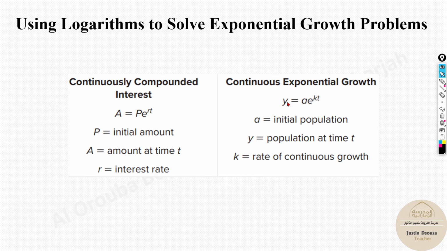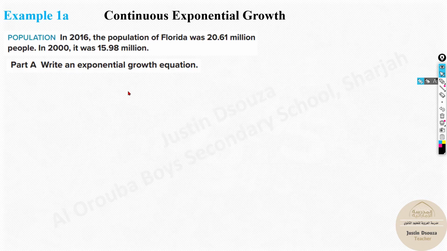Now similarly here, Y, if you're dealing with population growth, would be the population after certain time. It can be after 10 years, 20 years, whatever they ask you to solve. A is the initial population, K is the rate of continuous growth, similar to rate of interest, which will be a constant, and T is time. So we will see a problem and you'll understand much better.